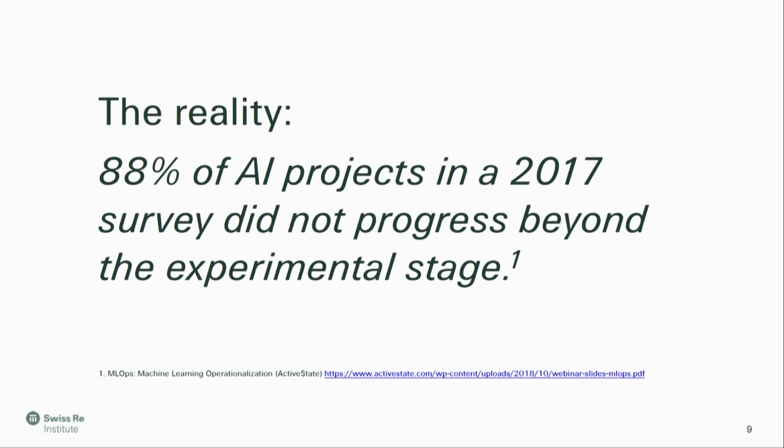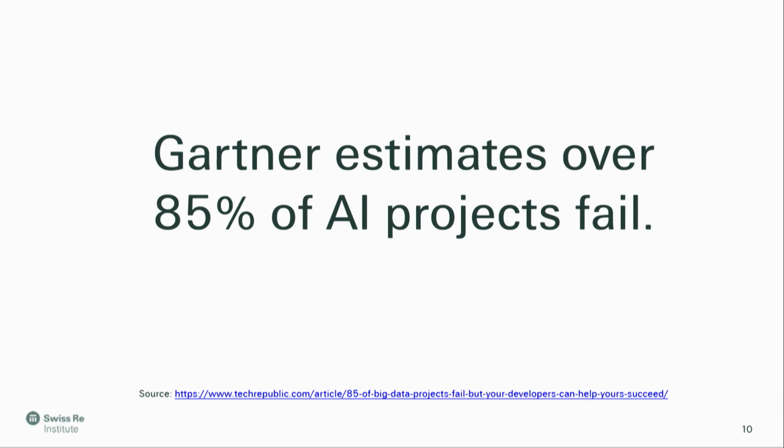And in fact, if you look at a couple of recent surveys, 88% of AI projects, in this case 2017, didn't progress beyond the experimental stage, and Gartner estimates that over 85% of AI projects fail.